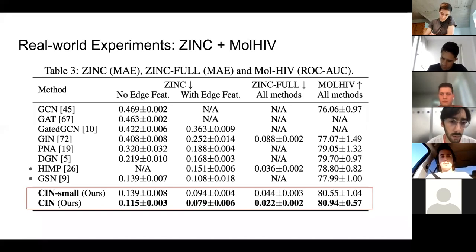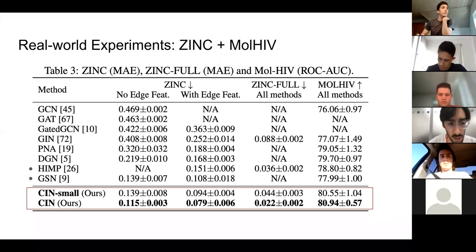We got pretty good results in basically all dataset versions. In ZINC, whether we use edge features or not, we still get very good results. Even without edge features, the small network gets basically state-of-the-art results. On ZINC Full we also got pretty good results for both networks.